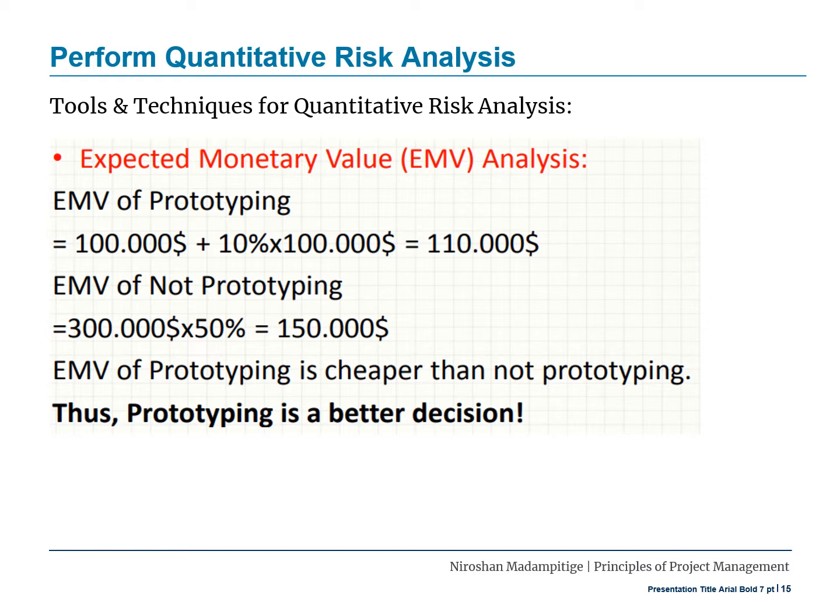Expected monetary value if you don't prototype: 300,000 times 50% of 300,000. That is $150,000. So the expected monetary value of prototyping is cheaper than not prototyping. Thus, prototyping is the better decision.